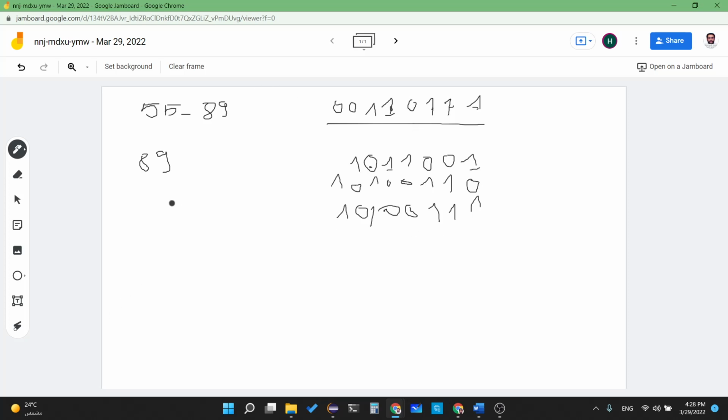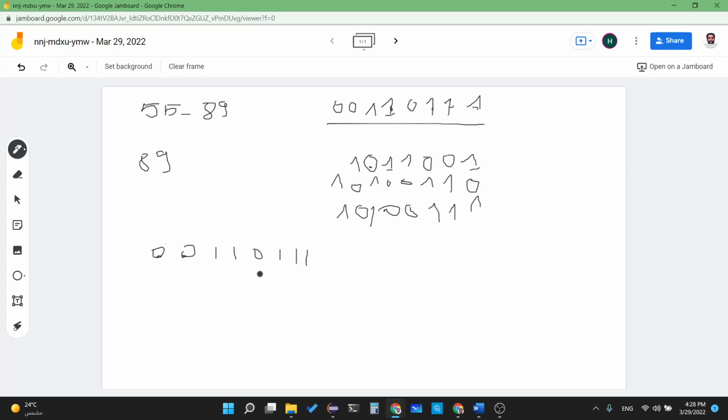So now we need to make the addition. Maybe it's easier to write it as a dot. I write 0, 0, 1, 1, 0, 1, 1, 1.